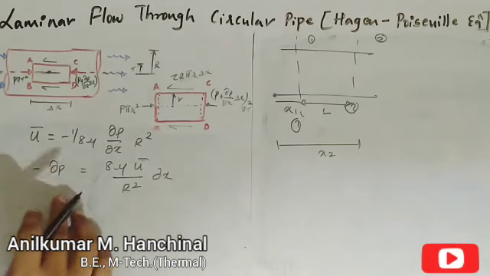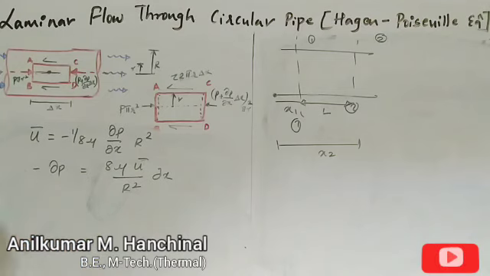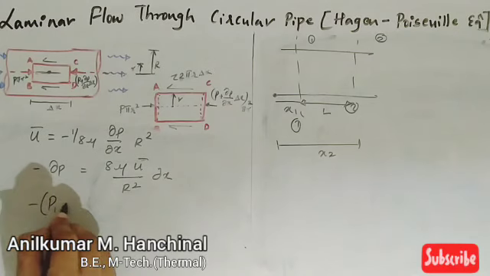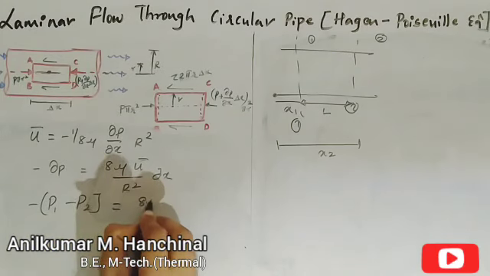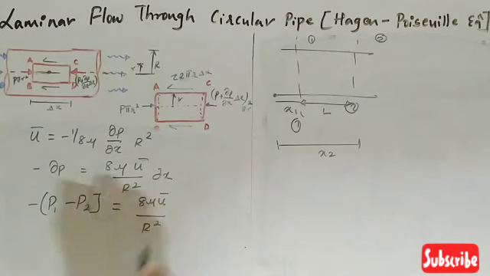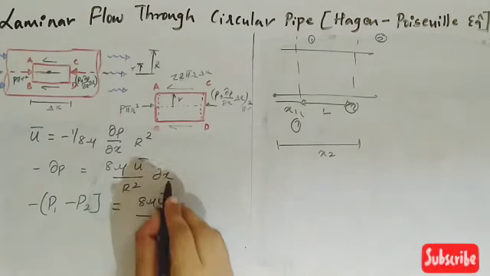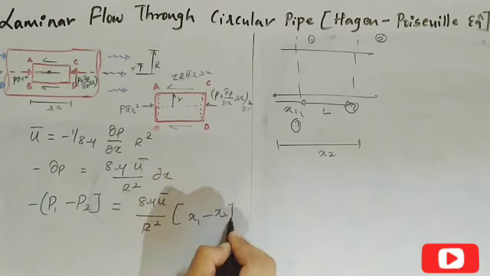Now if I integrate this above equation from 1 to 2 with respect to x, then I will get minus (p2 minus p1) equal to 8 mu u bar by r square, then the integration of dx will be x from 1 to 2, that is x2 minus x1.